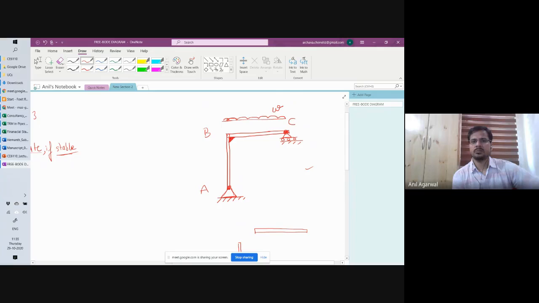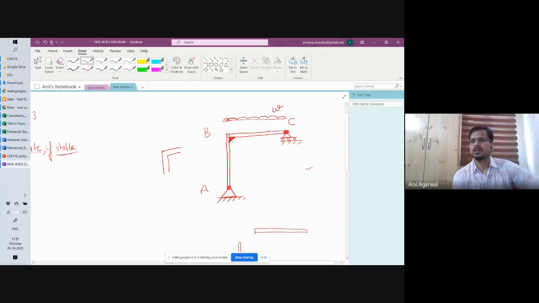This triangle is not necessary. I could have just shown it as this kind of joint also. But sometimes in tiny drawings, it becomes a bit confusing whether joint B is a rigid connection or a hinge. So just to overemphasize that rigidity, we put a triangle here sometimes.